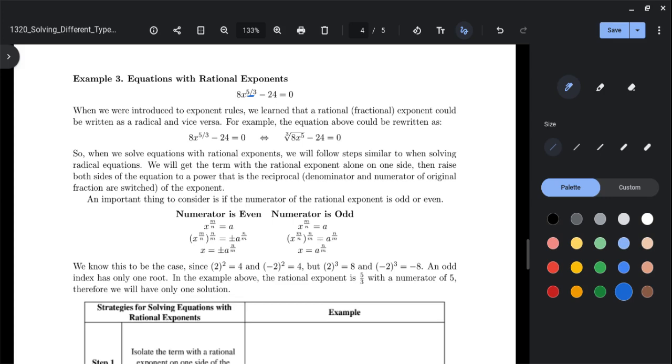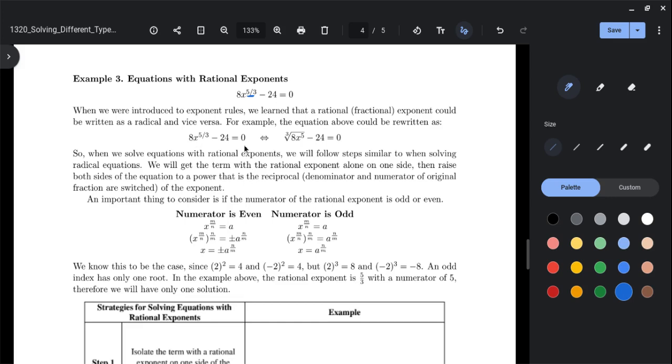First thing is, remember that rational and fractional are interchangeable. If we have a rational exponent, it means that it's a fraction. And remember that using our exponent rules, we can write a fractional exponent as a radical and vice versa.